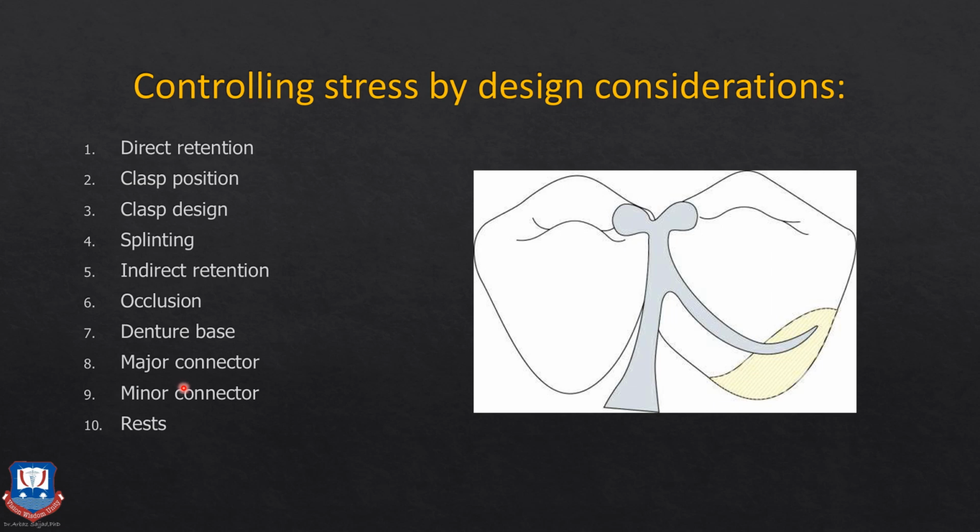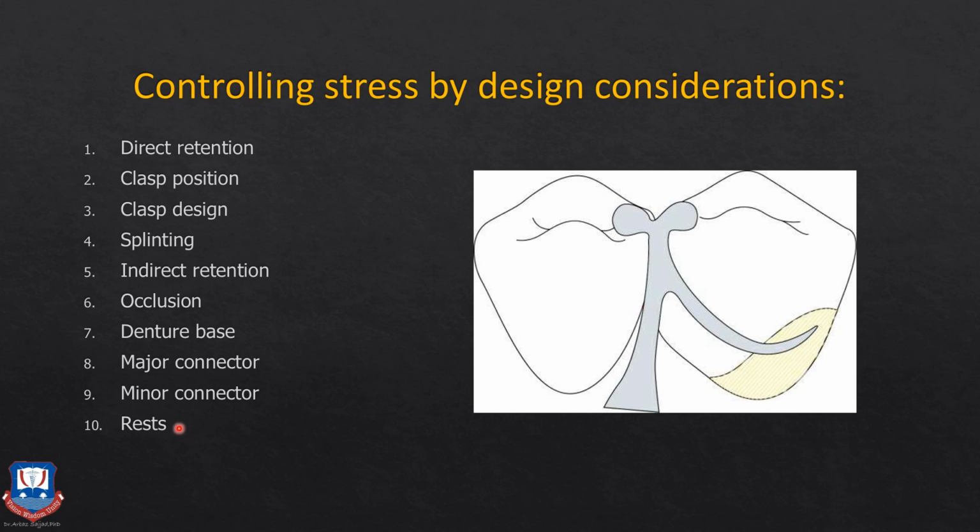The minor connector also should fit snugly on the inclined surfaces of the teeth, and there should be no space between the minor connector and the embrasure area. This will result in food and plaque accumulation and secondary caries. And also, as we know, minor connectors, when they are snugly attached to the vertical or axial walls of the abutment teeth, offer a good amount of indirect retention as well.